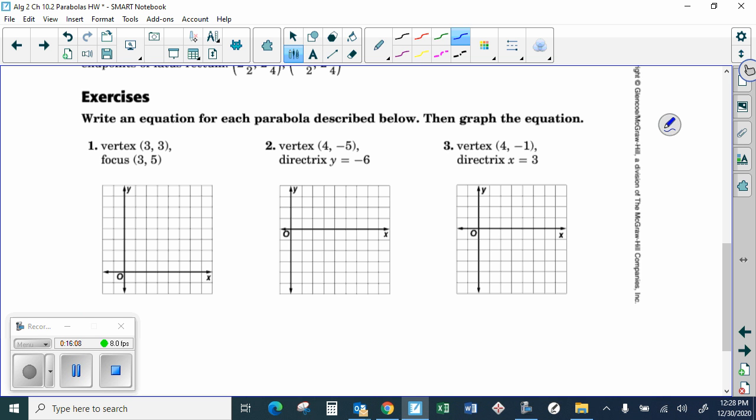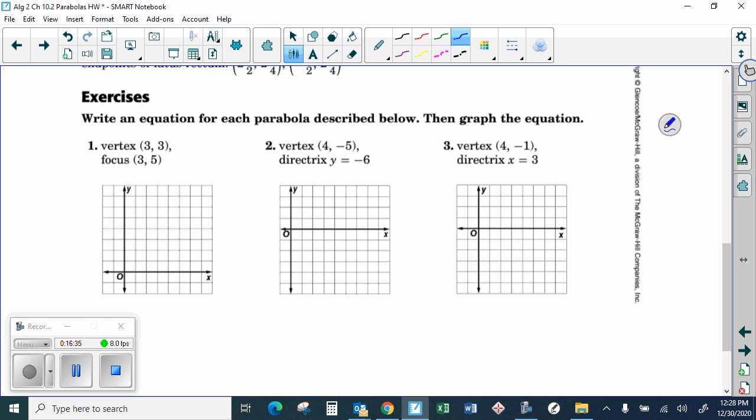Notice they either give you the vertex and the focus, or the vertex and directrix. Remember, the distance from the vertex to the focus is exactly the same as from the vertex to the directrix, the same distance away. Write an equation for each parabola and graph it.